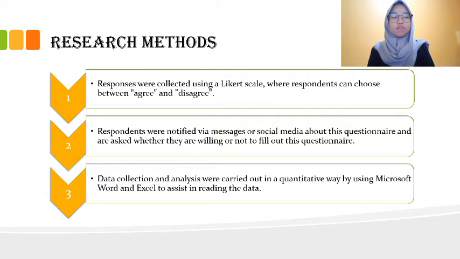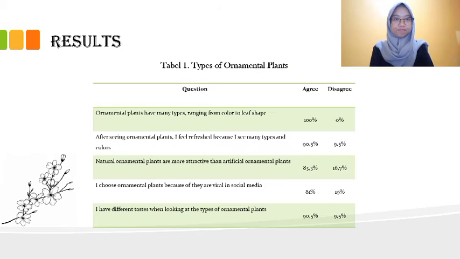First, respondents were notified via messages or social media about this questionnaire. After that, the respondents were asked whether they were willing or not to fill it out. The data collection and analysis were carried out in a quantitative way, using Microsoft Word and Excel to assist the reading of the data.